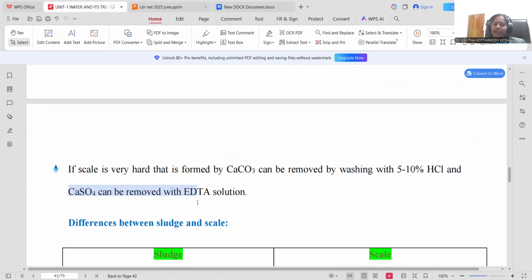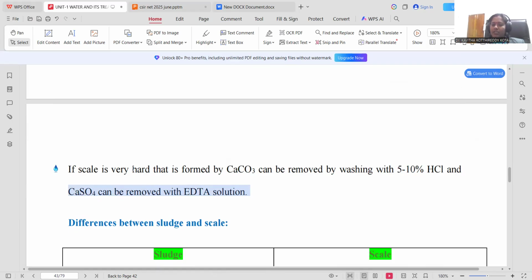If calcium sulfate or any kind of magnesium salts are also present, it's very simple to use EDTA treatment. EDTA is ethylenediaminetetraacetic acid. It is a hexadentate ligand which has a strong affinity to form complexes with calcium and magnesium salts, so that calcium and magnesium react with the EDTA and dissolve in the EDTA solution by complexation.